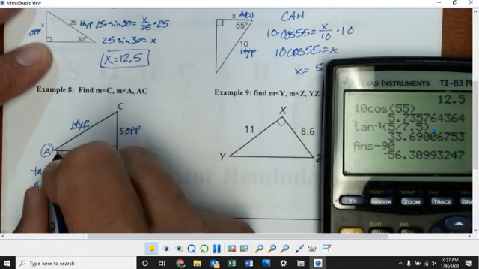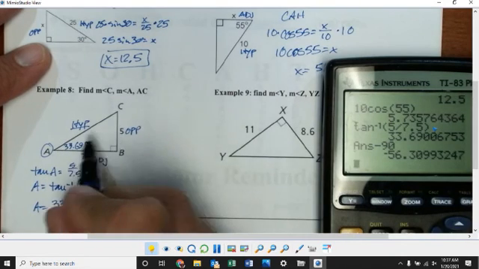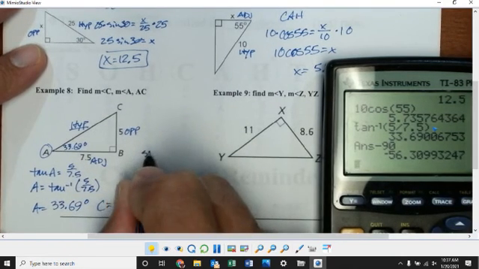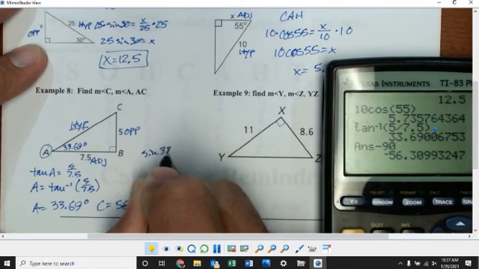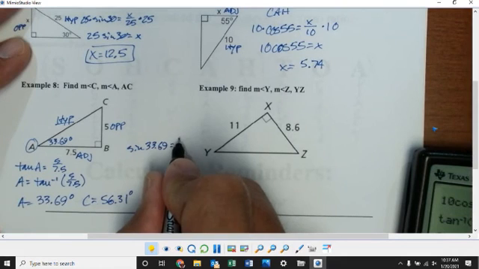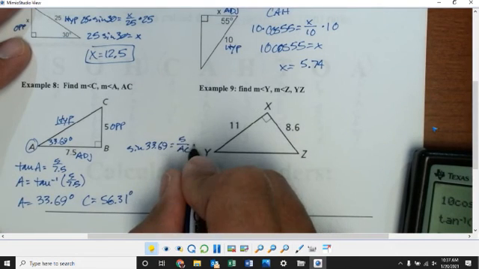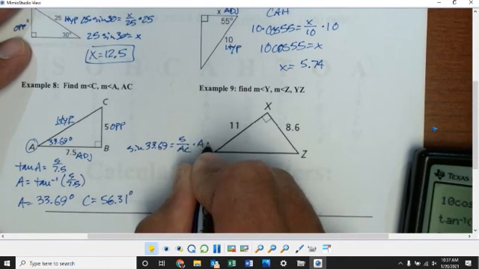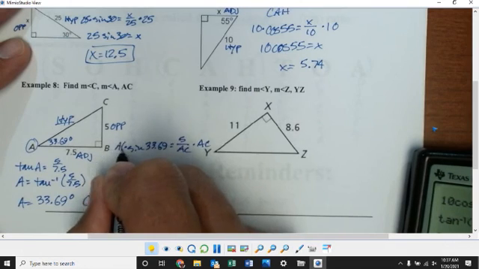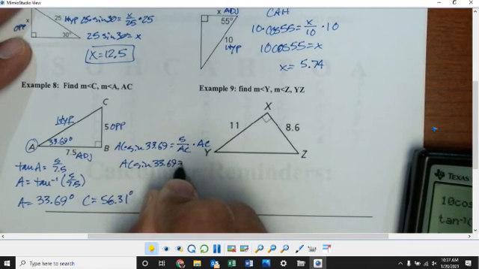So we know that A is 33.69 degrees. So if I said sine of 33.69, that's going to be equal to opposite over hypotenuse. So this is 5 over AC. Now I need to cross multiply essentially, but I'm going to multiply both sides times AC. That's going to give me AC sine 33.69 equals 5.